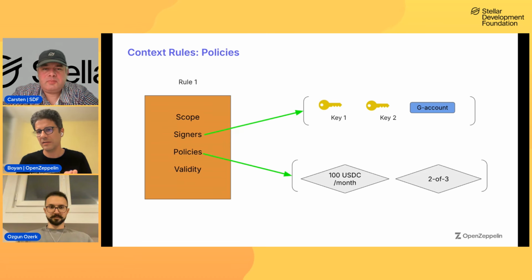Here in this case, we require any 2 of those 3 signers to sign so that the authorization passes. The policies can also modify some other aspects of the flow. Here in this case, we want this rule to be enforced only once per month, so that you can, for example, pay for a subscription.